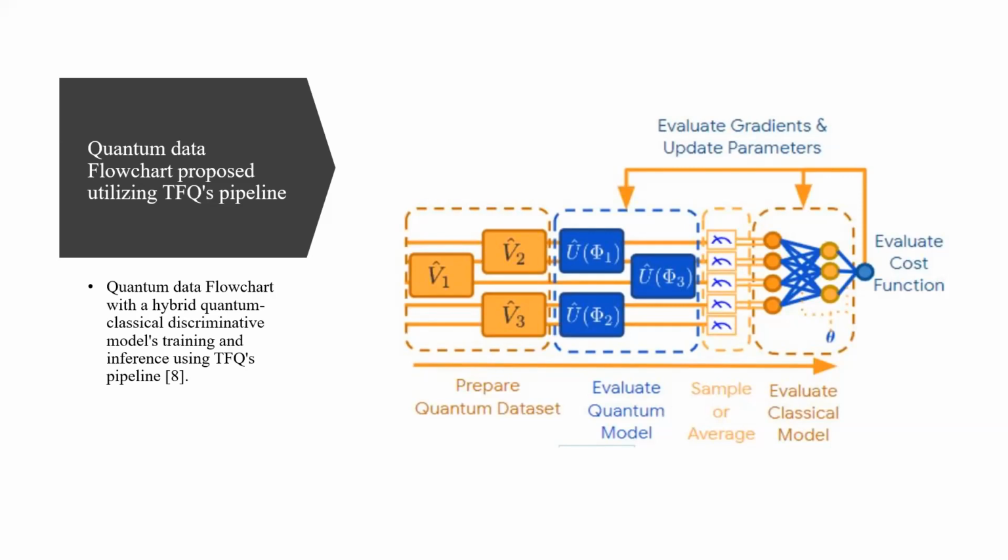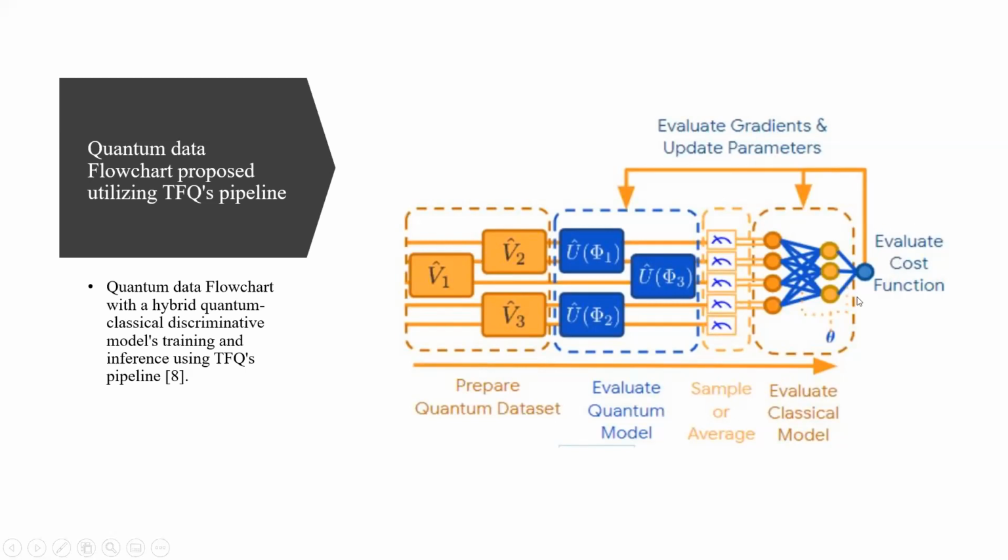The fourth step is what we concentrate on, because it causes the elimination of quantum entanglement. This step is called classical model evaluation. The last step, cost function evaluation, determines where the operation goes on.